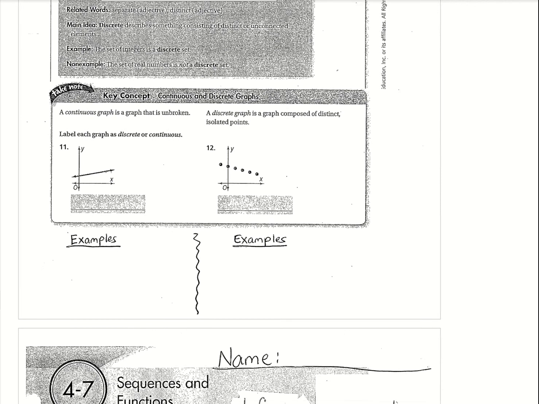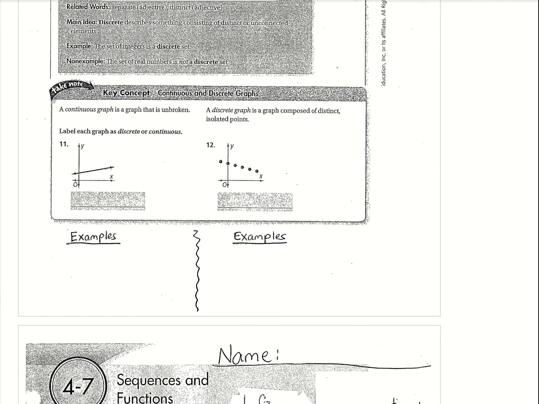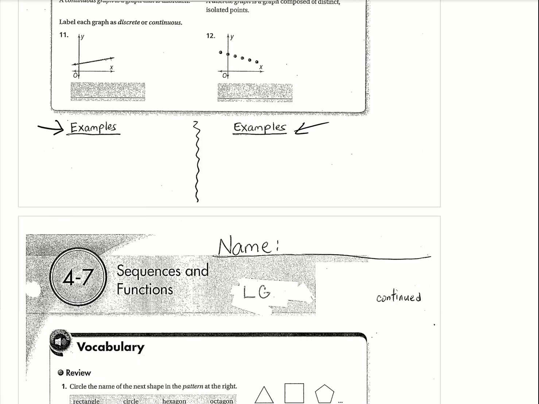Once you've done those, you're also going to look at 11 and 12. We talked about this a little bit before our last test. I want you to try to come up with an example of one that would be discrete and an example of one that would be continuous. Go ahead and try that as well.